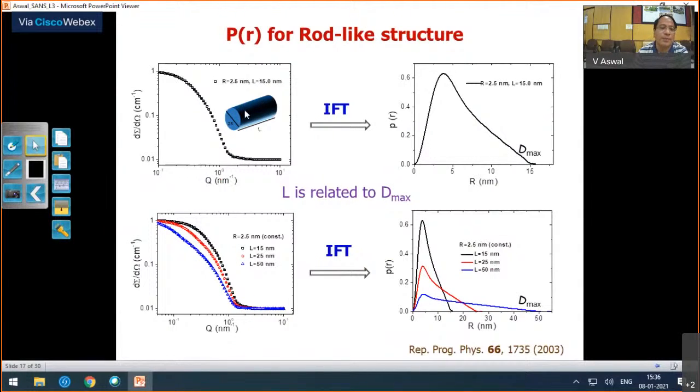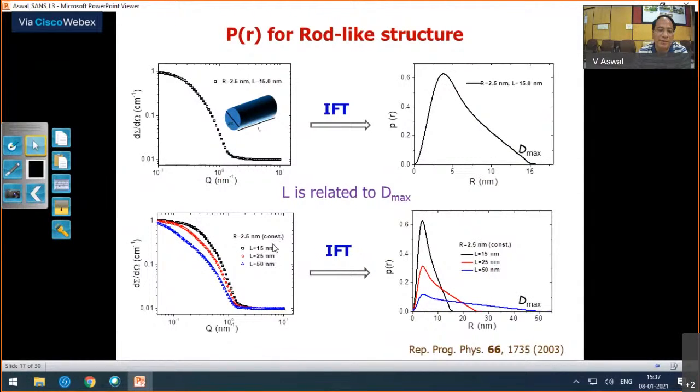And in the case of rod-like particles, this is asymmetric. Your P of R is asymmetric, and again the maximum dimension is the length. So your D max is related to the length of the cylinder.